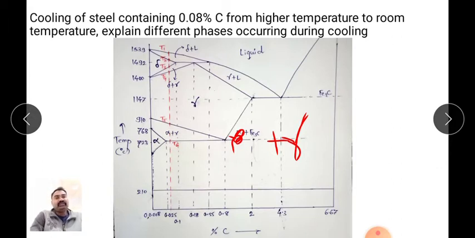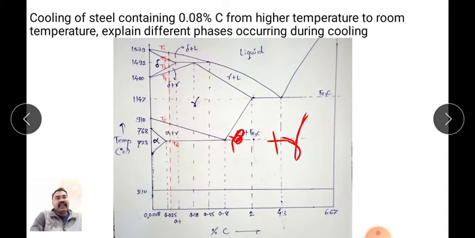So point number 1, at T1 the complete steel occurs in the liquid phase. Then point number 2, at T1 the solidification of liquid will start, hence some amount of solid phase, that is delta ferrite, is present, and some amount of liquid steel is present.